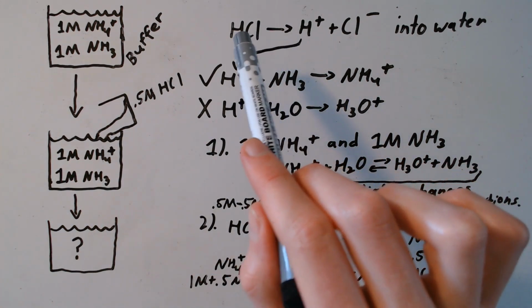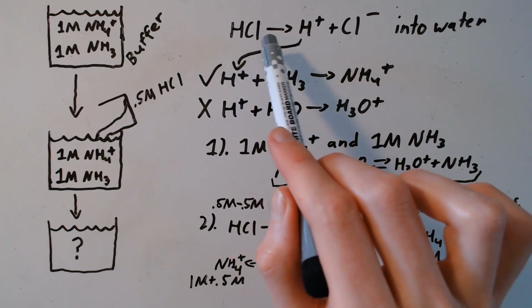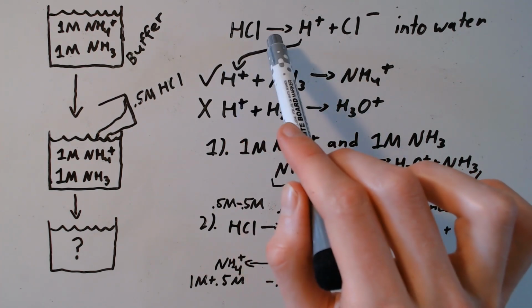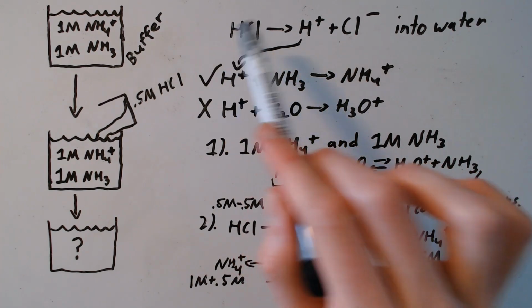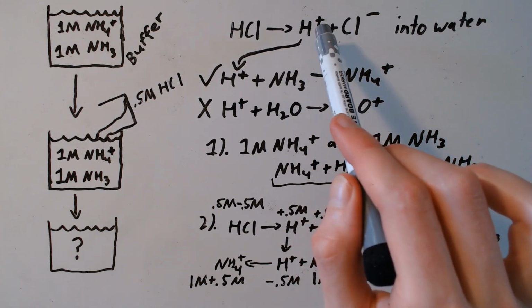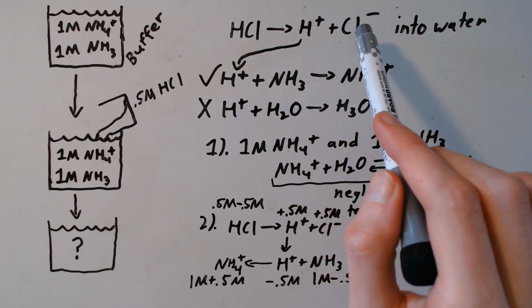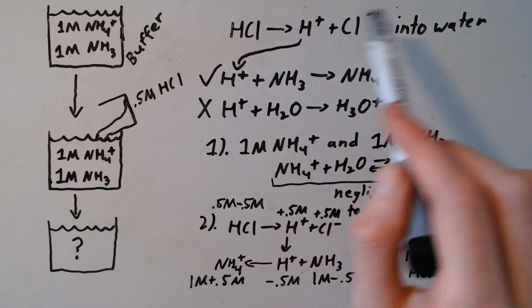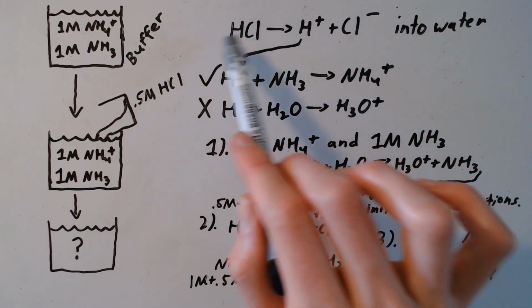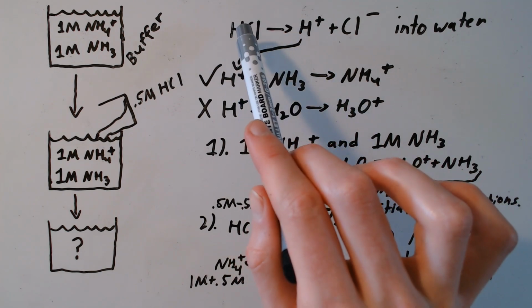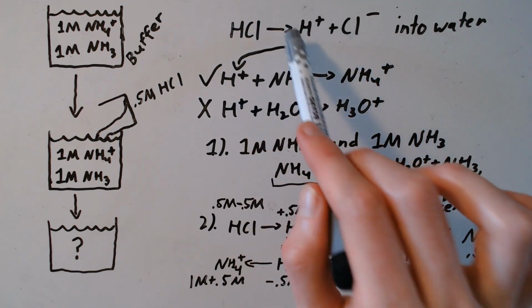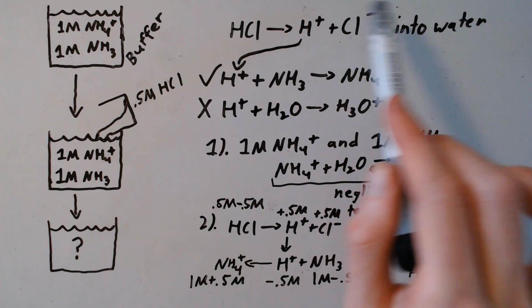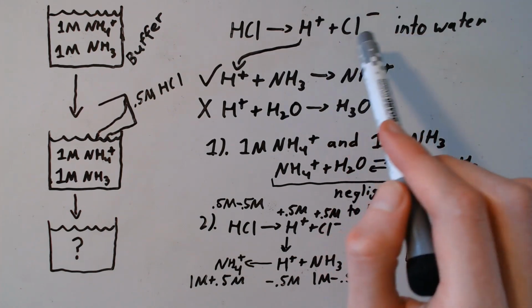So you know that because HCl is one of our strong acids, it completely dissociates into H plus and Cl minus, completely. Essentially, there's only H plus from this HCl and only Cl minus, and none of this original HCl is left. So now let's see what these ions do once they are released into the solution.